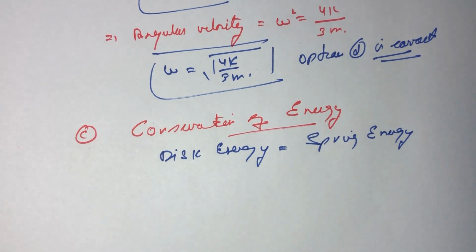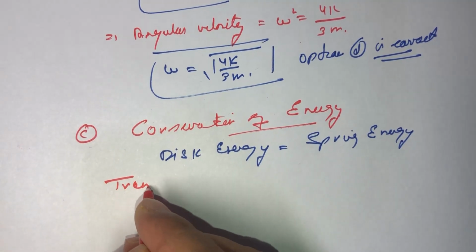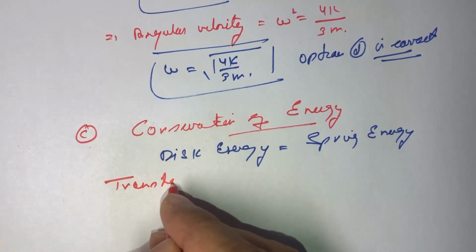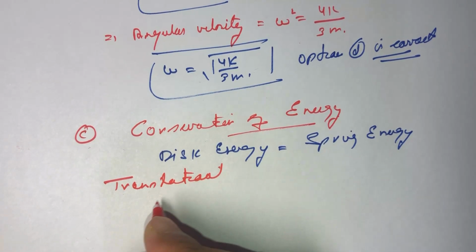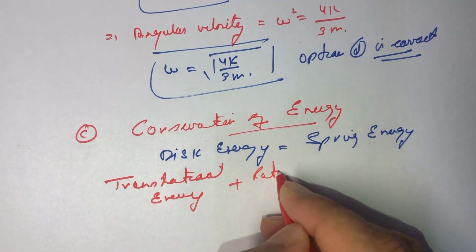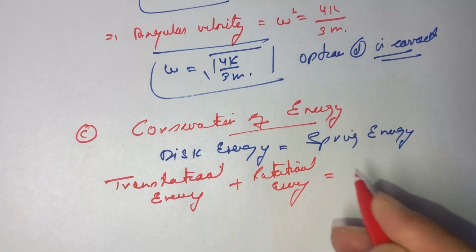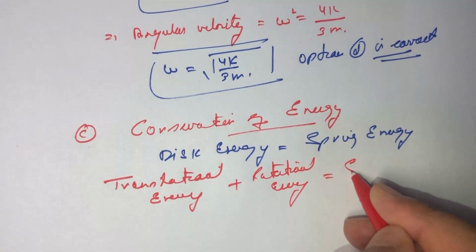The disk energy is translational energy plus rotational energy, and that will be equal to the spring energy.